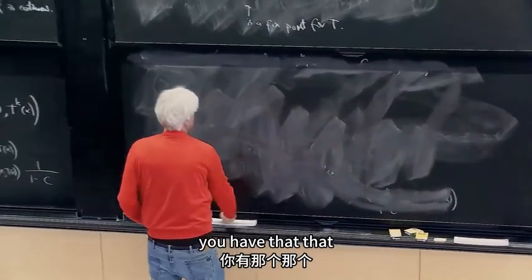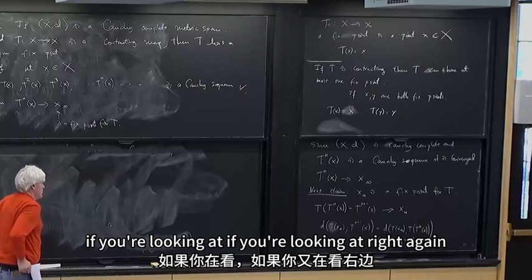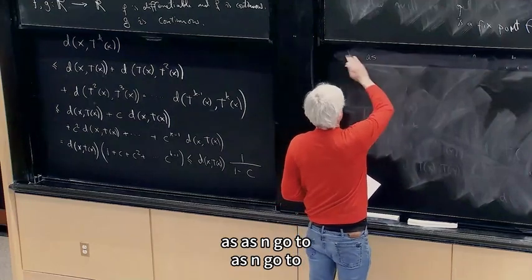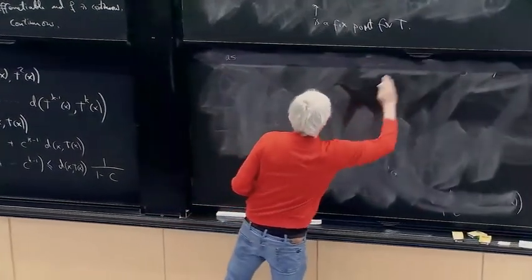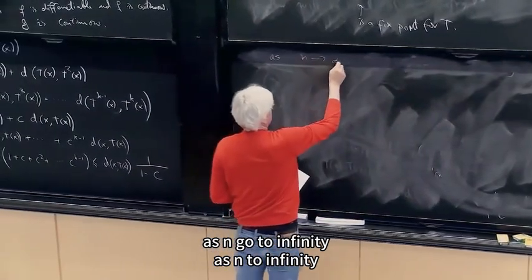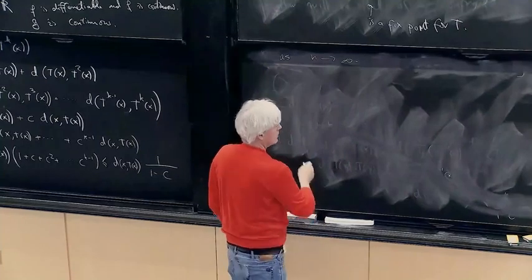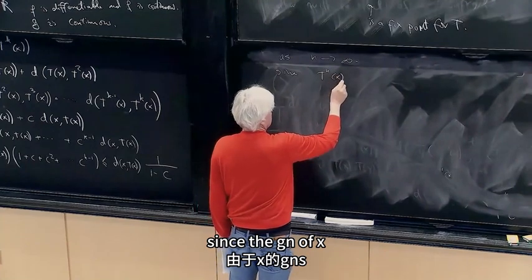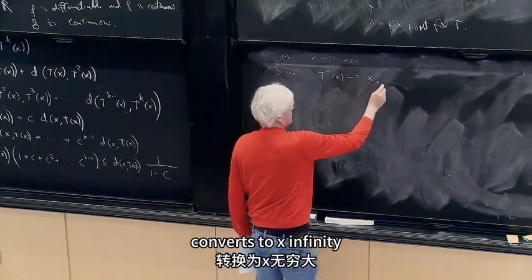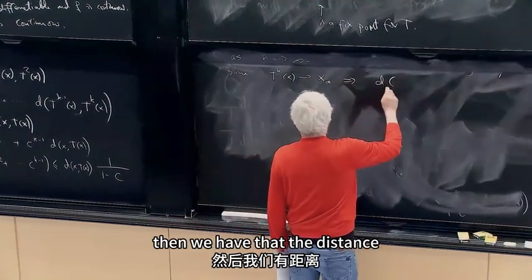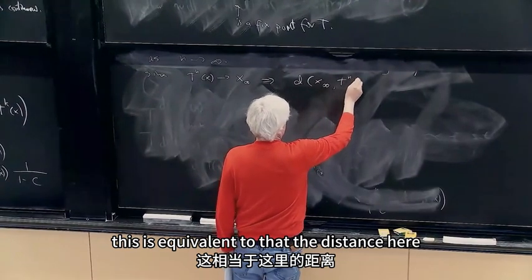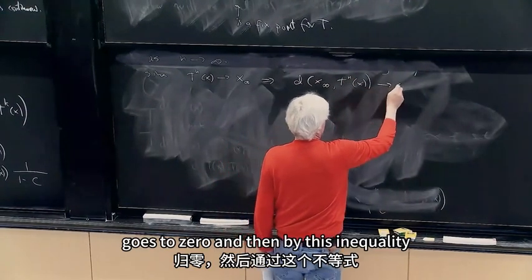You have that, if you're looking at, again, as n goes to infinity, since T^n of x converges to x infinity, then this is equivalent to the distance here going to 0.